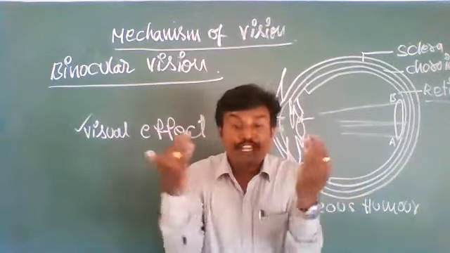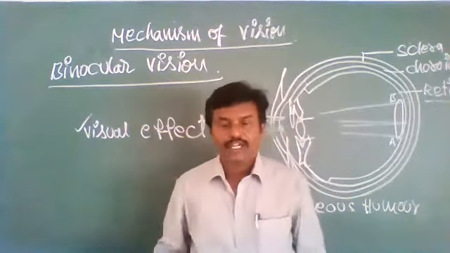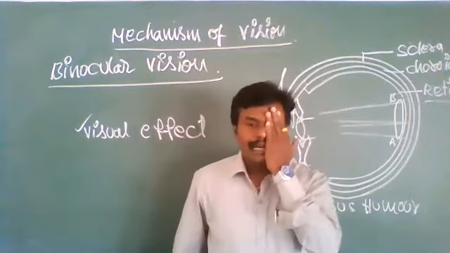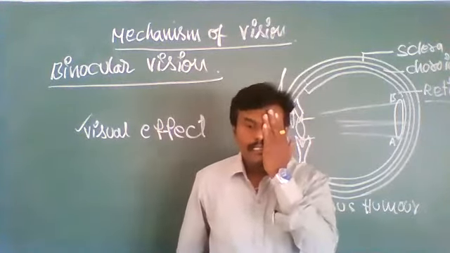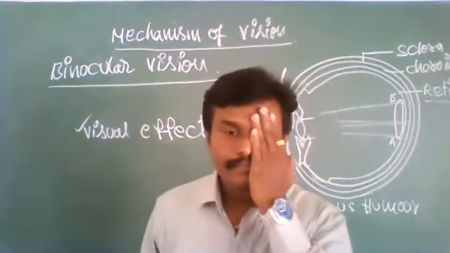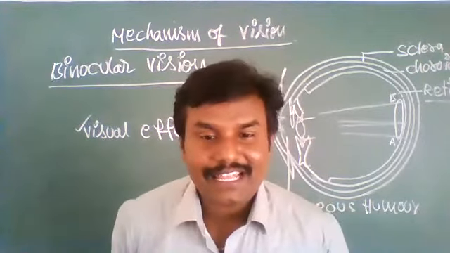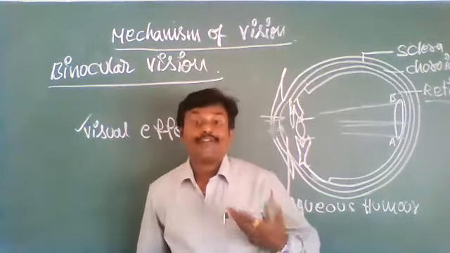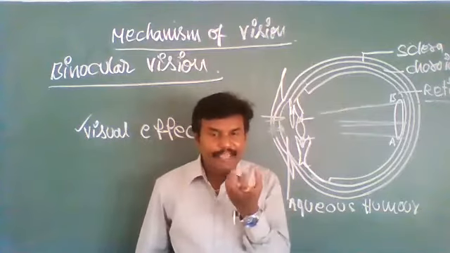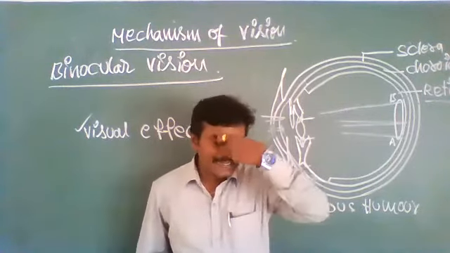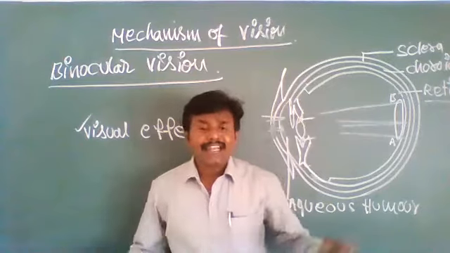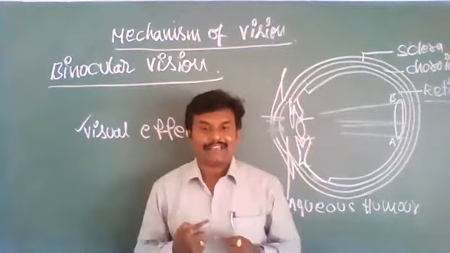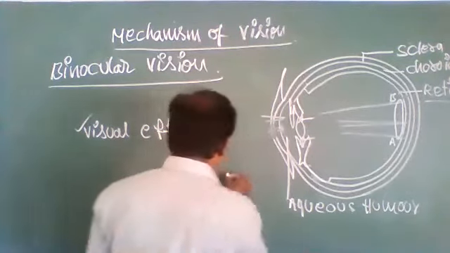What is overlapping? With this eye alone, we cannot see the surroundings very clearly. When we see with the other eye also, we can see the surroundings very clearly. This is overlapping. Overlapping means what?